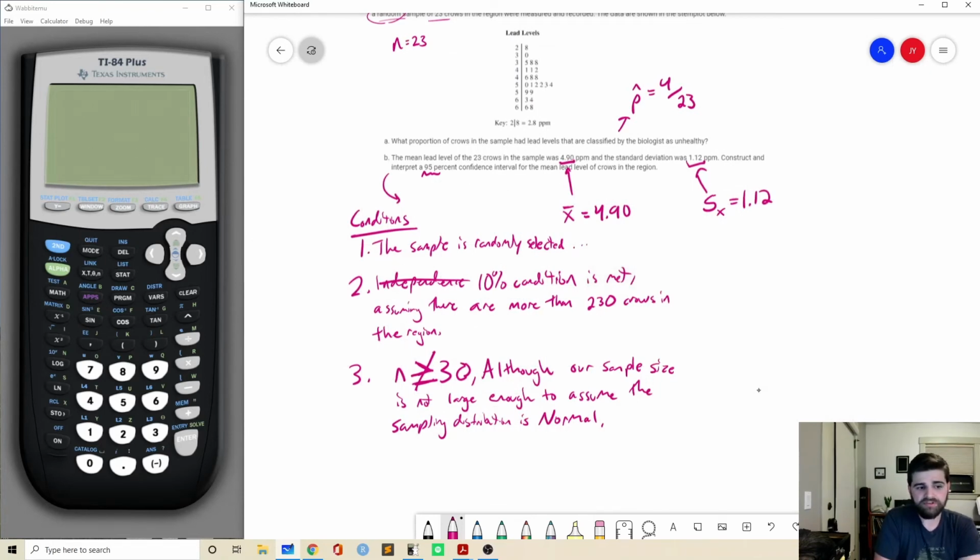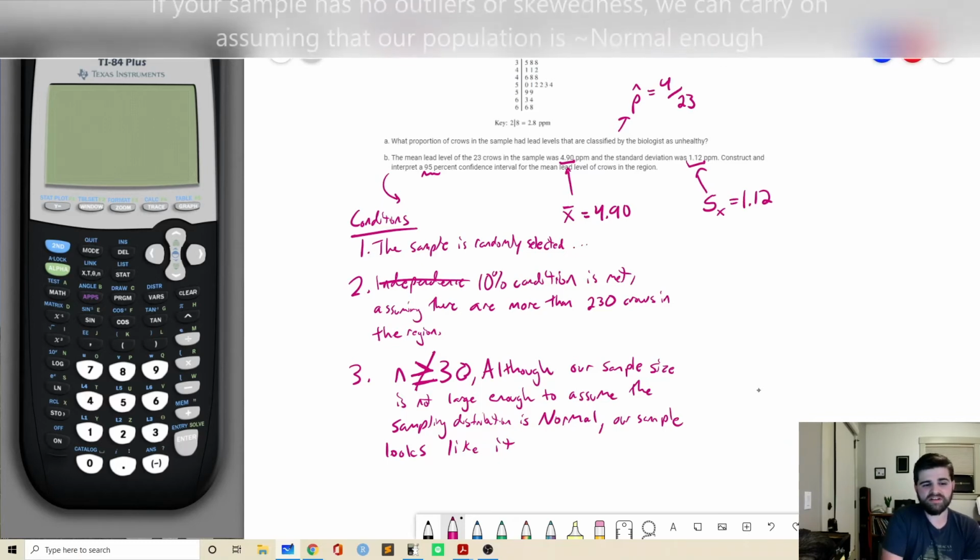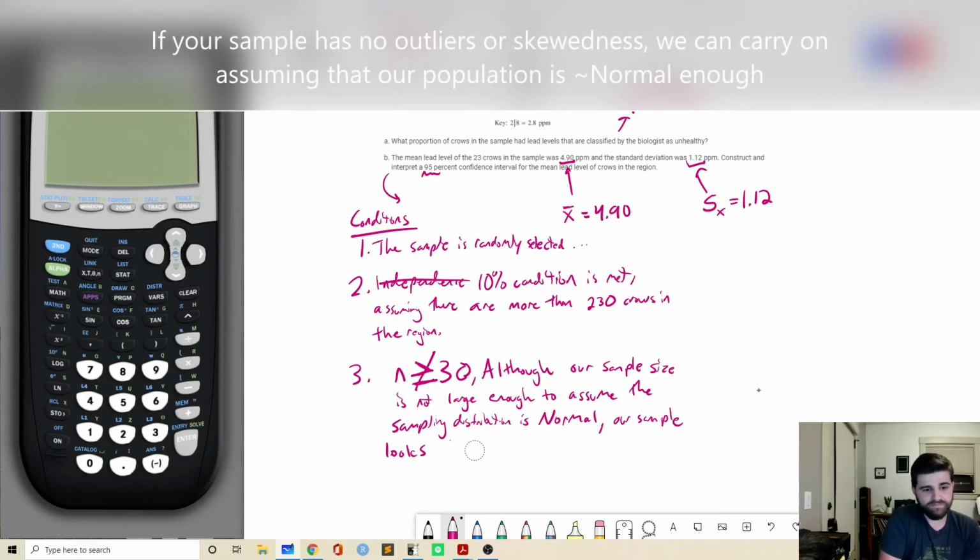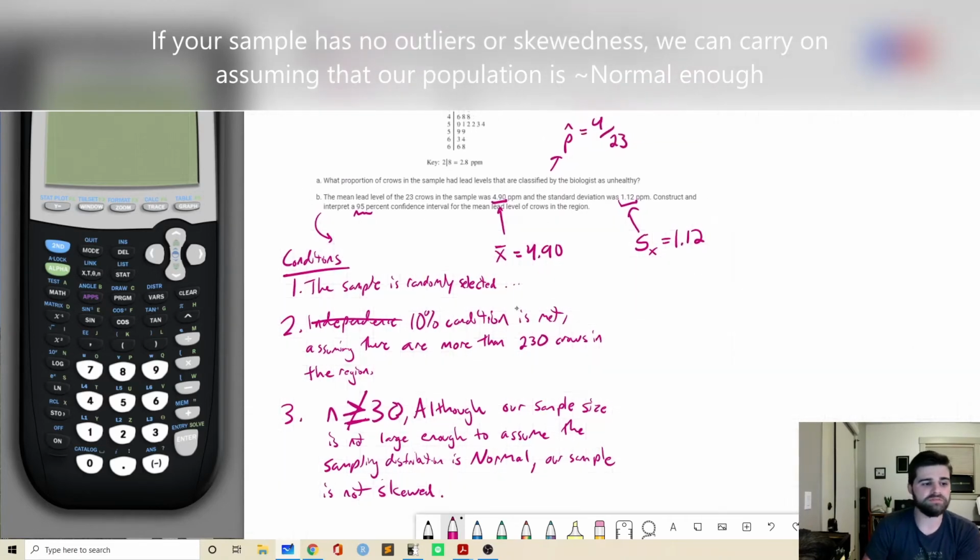So although our sample size is not large enough to assume the sampling distribution is normal, our sample looks like it could be drawn from a normal distribution. We could say our sample is not skewed, right? Our sample looks pretty symmetric. Looks like it could easily have come from a normal distribution.